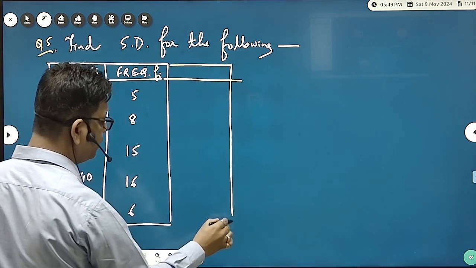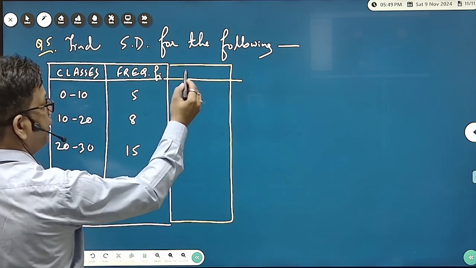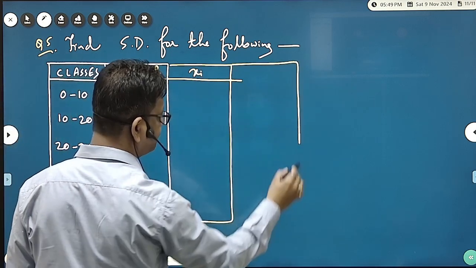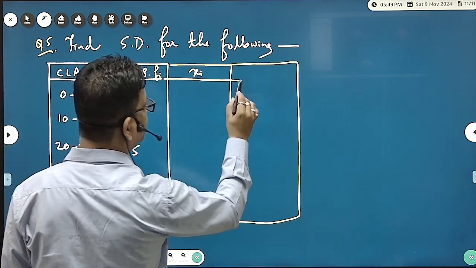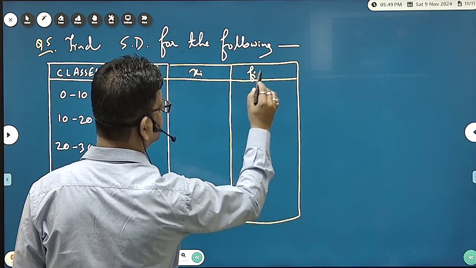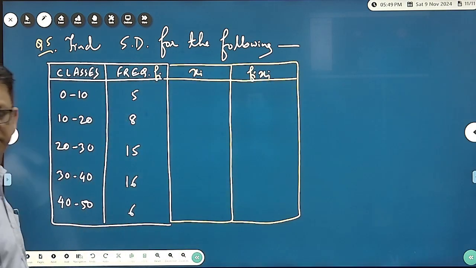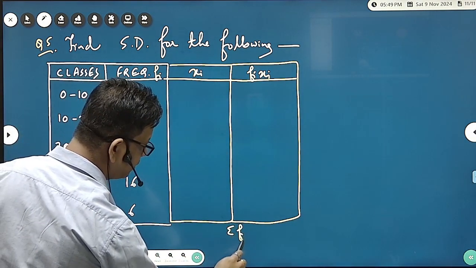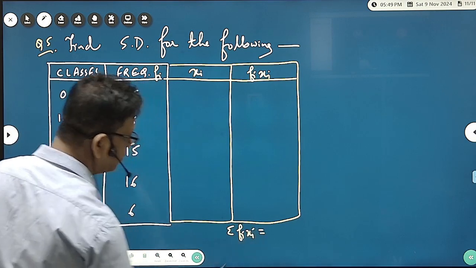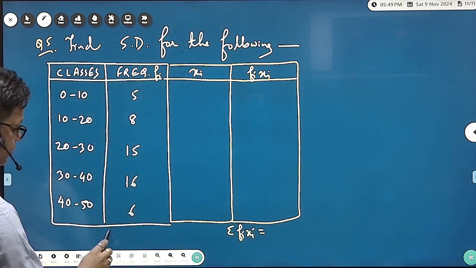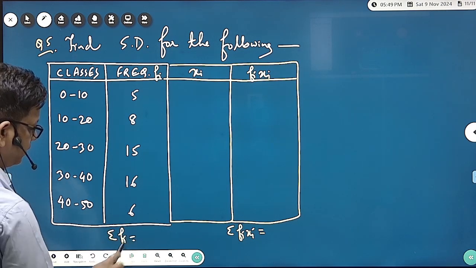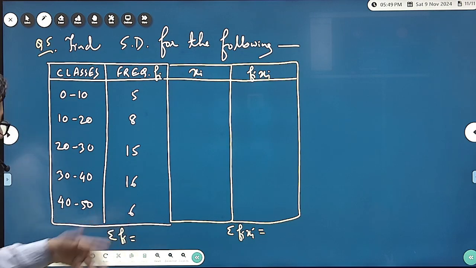We first find Xi, good. Then we will find Fi Xi. Then we add the Fi Xi column, and we will also add the summation of Fi. This is the sequence.